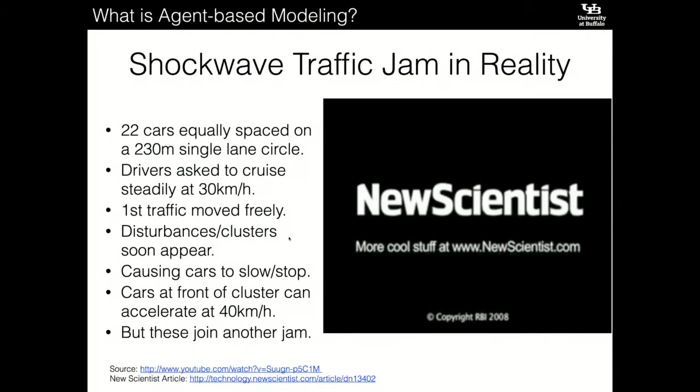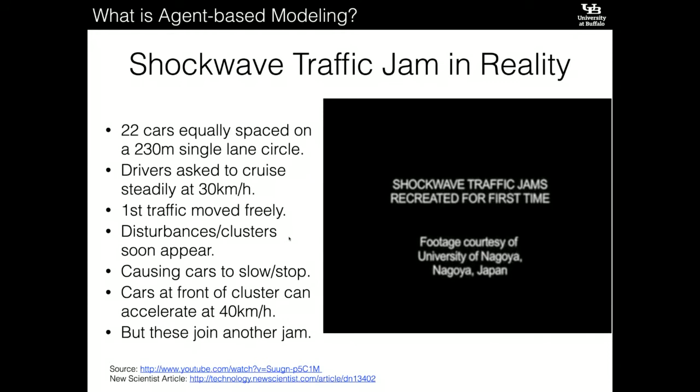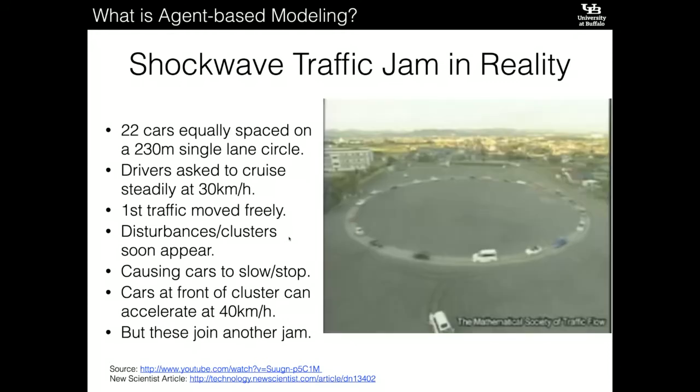But the idea of ABM is either to build models to test what we do in the real world, like shockwave traffic jams or whatnot, or to build models for things that we can't necessarily do in the real world. So, for example, we can't really set a building on fire to see how people might react. We would go to jail. Same with respect to COVID.